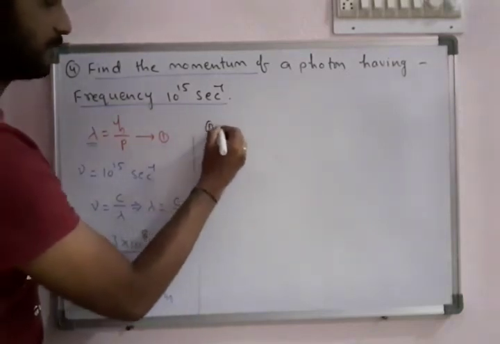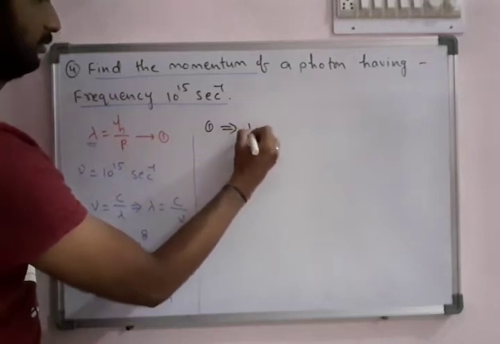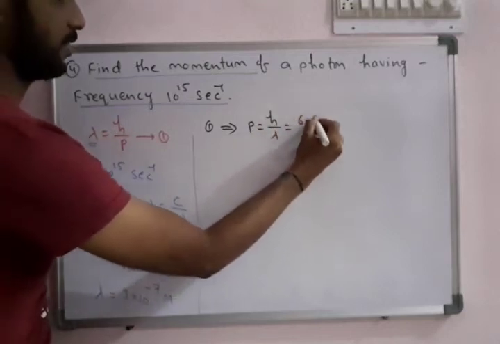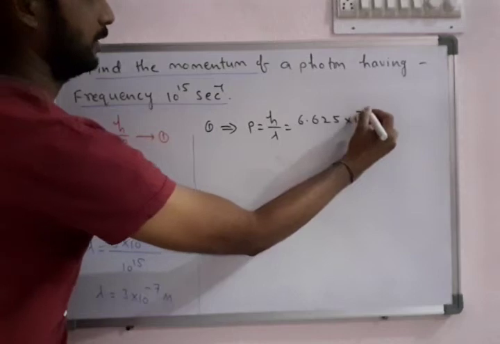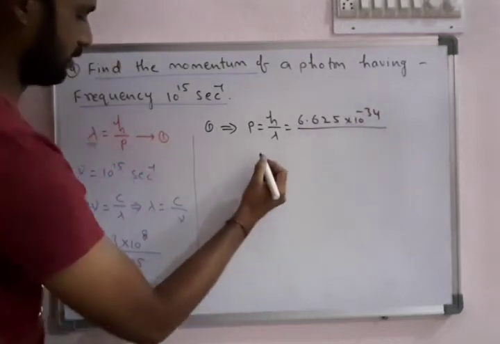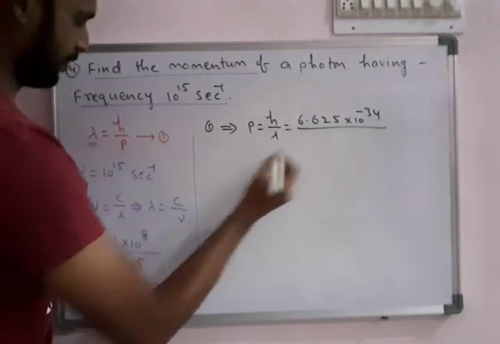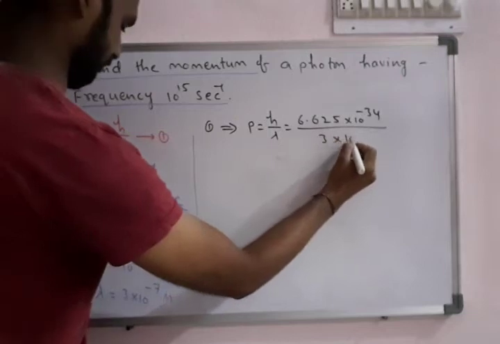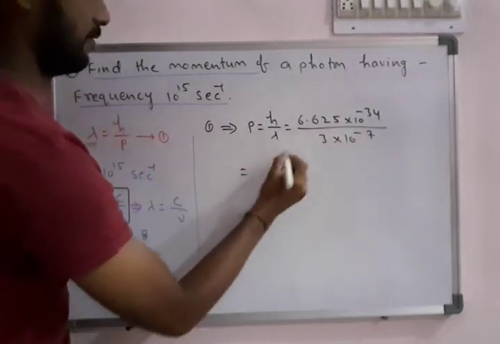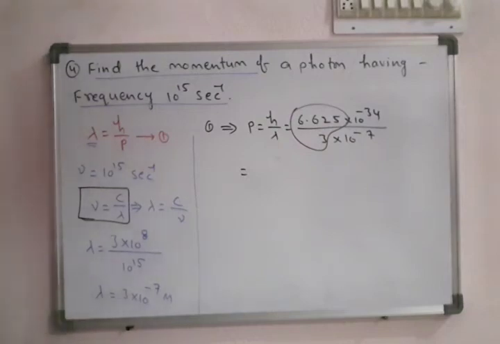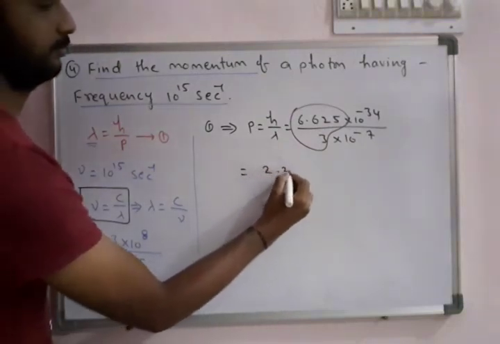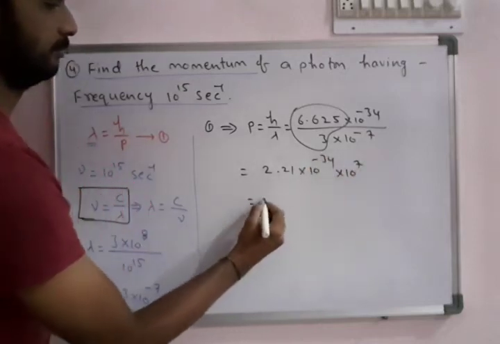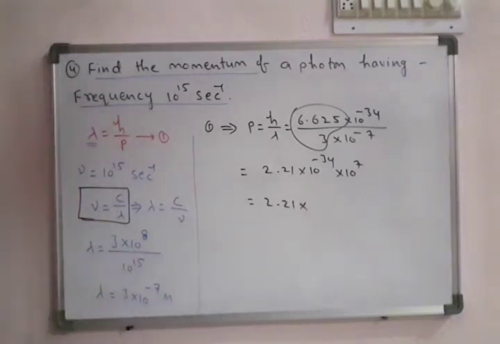By substituting in equation 1, p is equal to h by lambda, where h is 6.625 into 10 power minus 34 joule second, and lambda is as we calculated with this formula. So this value approximately gives 10 power minus 27, finally we will get the momentum.